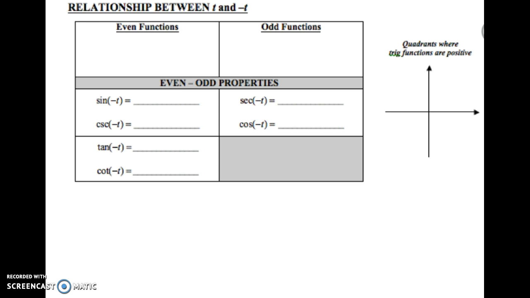Well, some of our trig functions are even and some are odd. The even trig functions are cosine and secant.